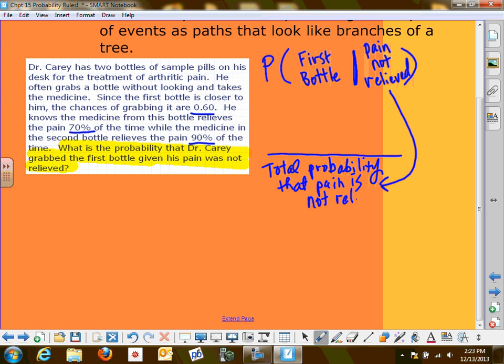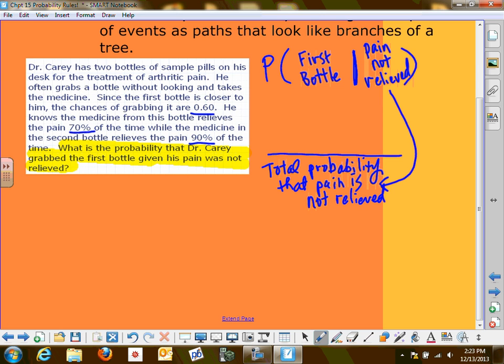There's several different ways. What ways can his pain not be relieved? Picking the first bottle and not having relief, or picking the second bottle and not having relief. We're having multiple things. Because of that, a tree diagram is a way to organize these multiple conditions.